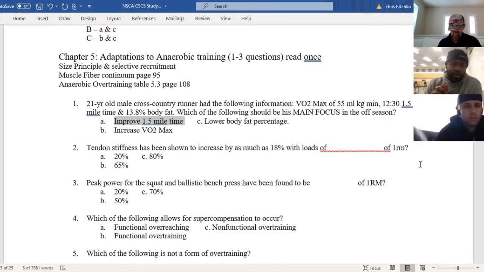This is a term that I think would be good. Go ahead, Jim. I was just going to say C, because stiffness is kind of linked to more explosiveness, right? Yep. So that's going to be the correct answer. I'll flashcard that one, and you will see some percentages like that.